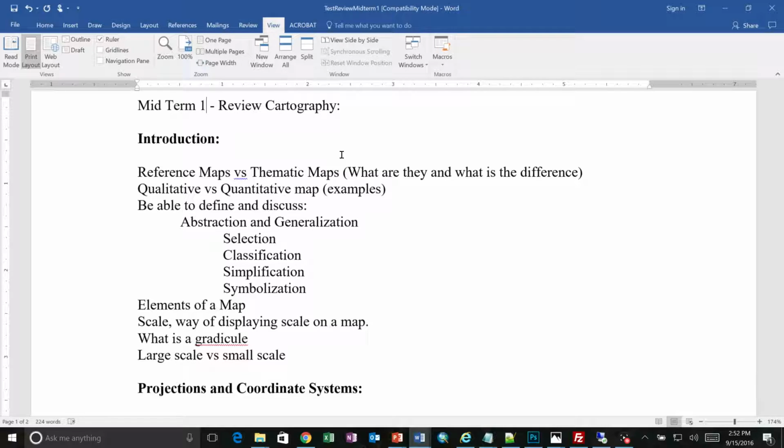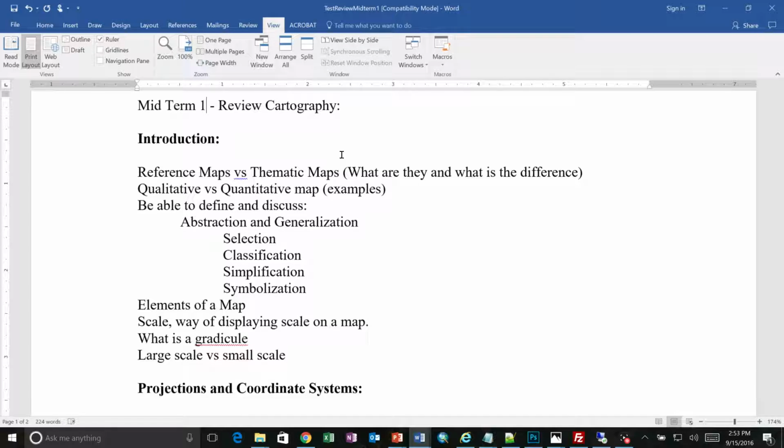Most of what you see on Google Maps by default is mostly a reference map. Now if you turn on the traffic layer, that's a thematic element on there. So that would be a thematic map. Or a map of population density is a thematic map. Or most of the maps that we've talked about and shown as examples in this course are thematic maps. All right.